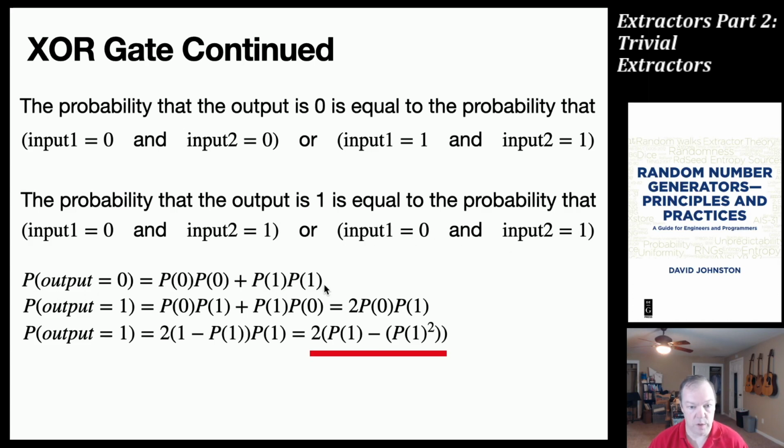So we'll plug that into equations and do some rearranging, and we get 2 times the probability of a 1 minus the probability of 1 squared is the probability of the output being 1. This is a handy equation because the probability of a 1 is the same as the bias. The bias is a probability of getting a 1 in binary data. So we've got an equation here that defines the output bias of an exclusive OR gate as a function of the input bias.